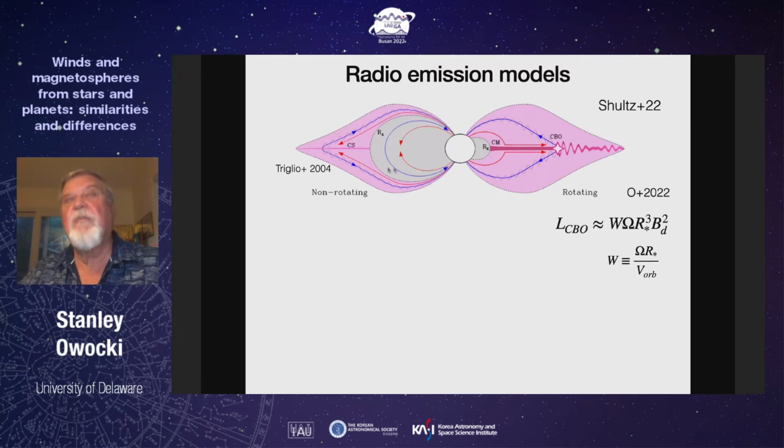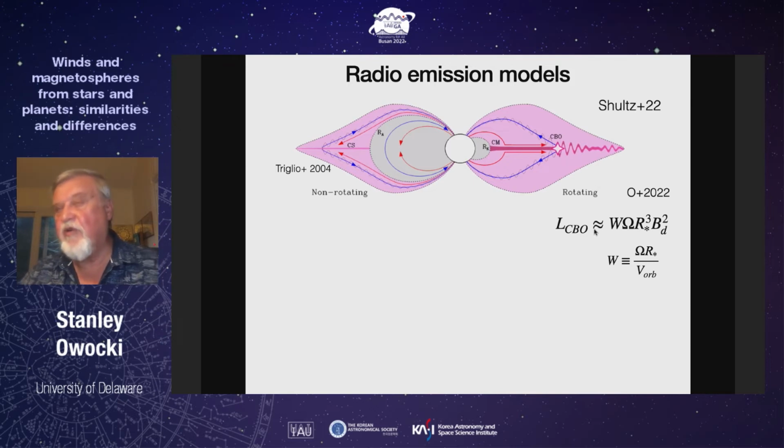And so here is the competition between an earlier model by Trigilio, who said that these electrons are accelerated in the current sheet of a stellar wind without any mention of rotation. But since we now seem to think that rotation is key, my colleagues and I have developed this idea of centrifugal breakout as being the key to accelerating electrons and giving rise to radio emission.